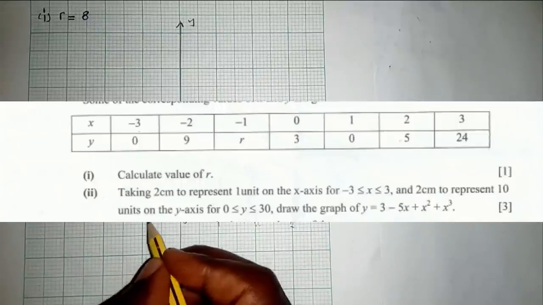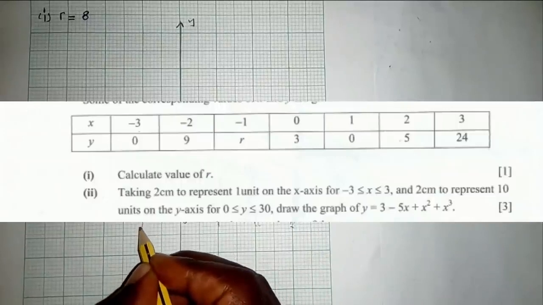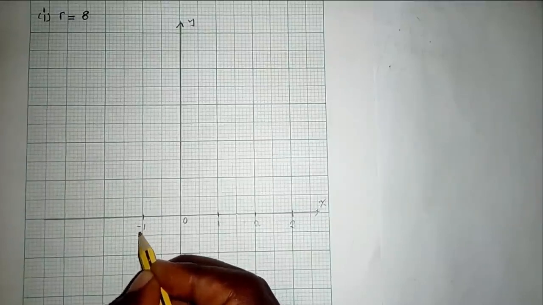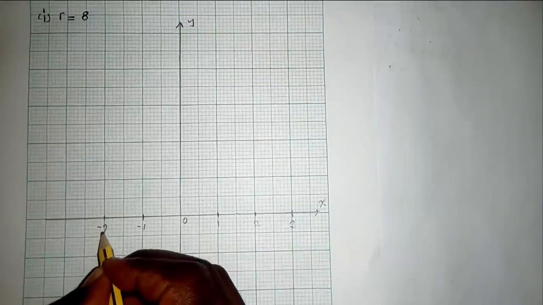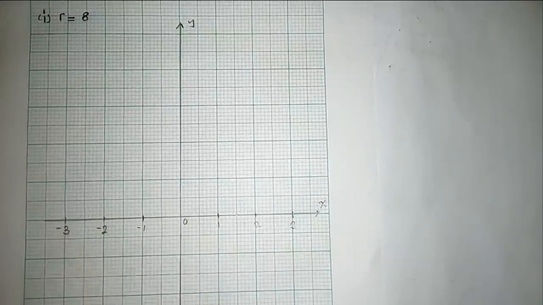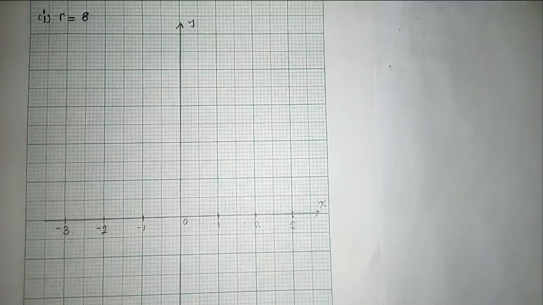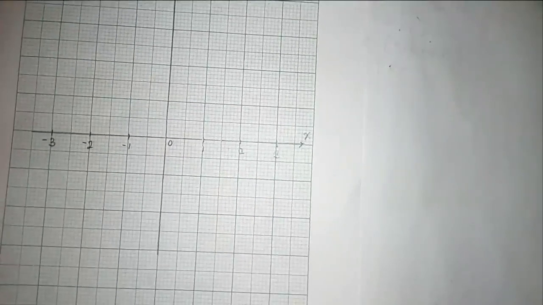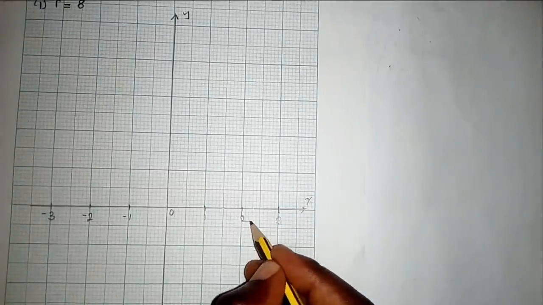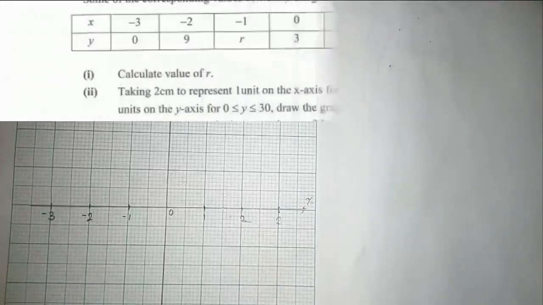And on the negative side of the x-axis, it will be -1, -2 here, and -3 here. So we're done with the x-axis.